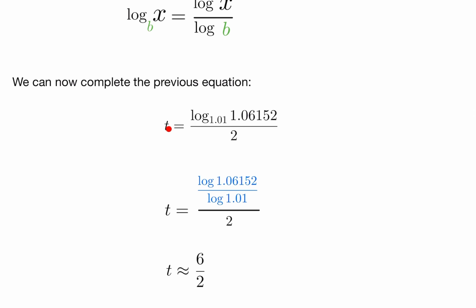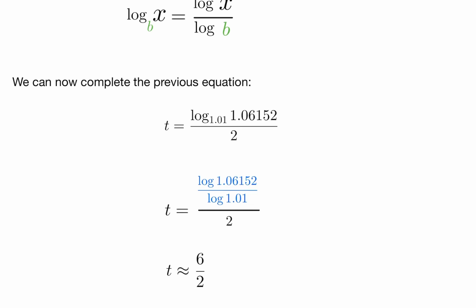So remember we had t is equal to log of 1.06152 base 1.01. We can convert this into this new equivalent. This is really the log of this number divided by the log of this base here. So we'll replace this numerator with this ratio or fraction.